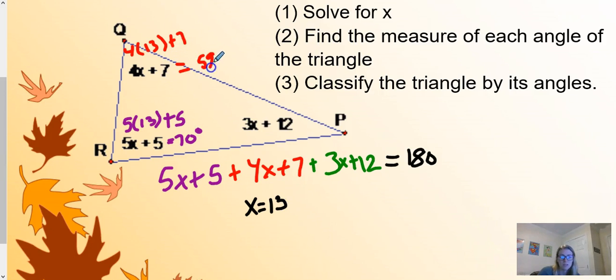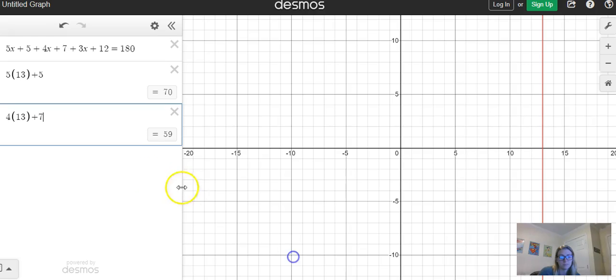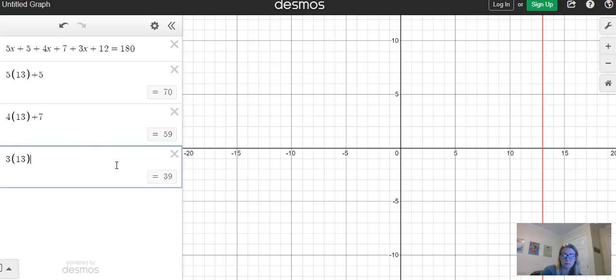So angle Q is 59 degrees. And then we're going to do angle P. 3 times 13 plus 12, we get 51.